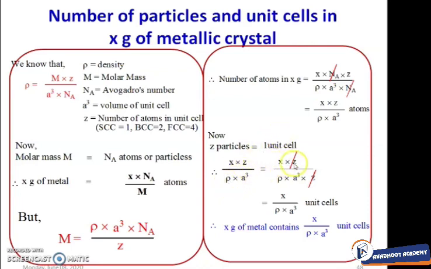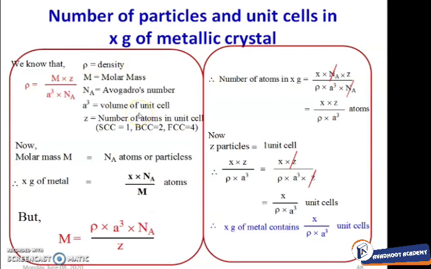It gives x into z upon rho a cube z. When we simplify this, it becomes x upon rho a cube. That is, x gram of metal contains x by rho a cube number of unit cells. So these simple relations are important to calculate the number of unit cells and number of particles in x gram of metallic crystal.